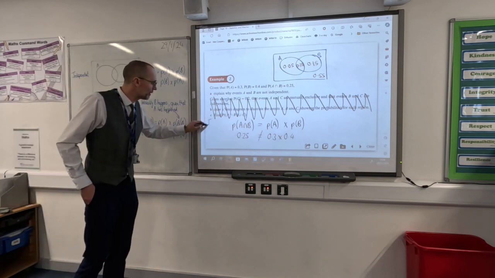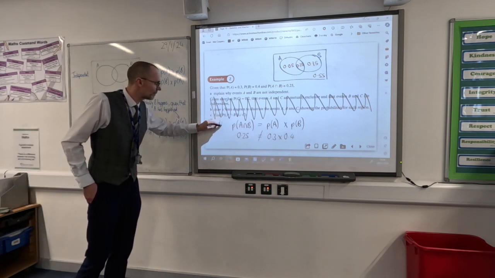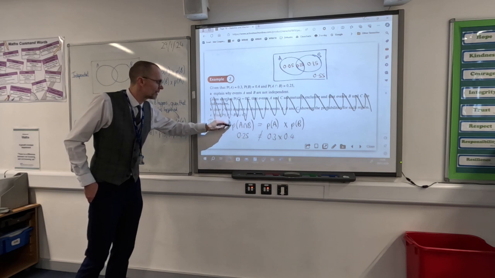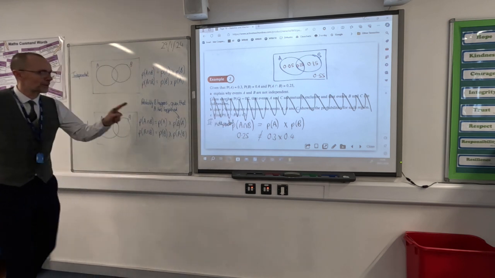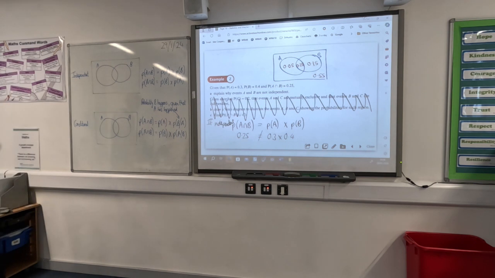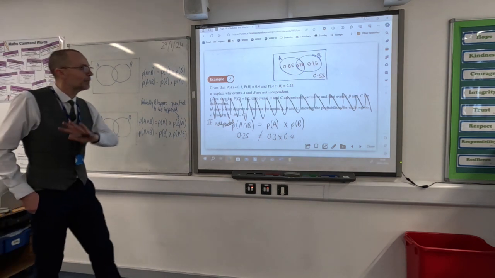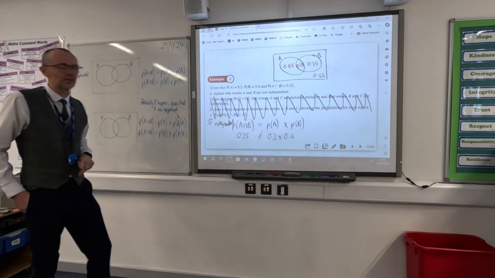So if they were independent, the probability of the overlap, in this case 0.25, would be the probability of A happening on its own, 0.3, multiplied by the probability of B happening on its own, 0.4.